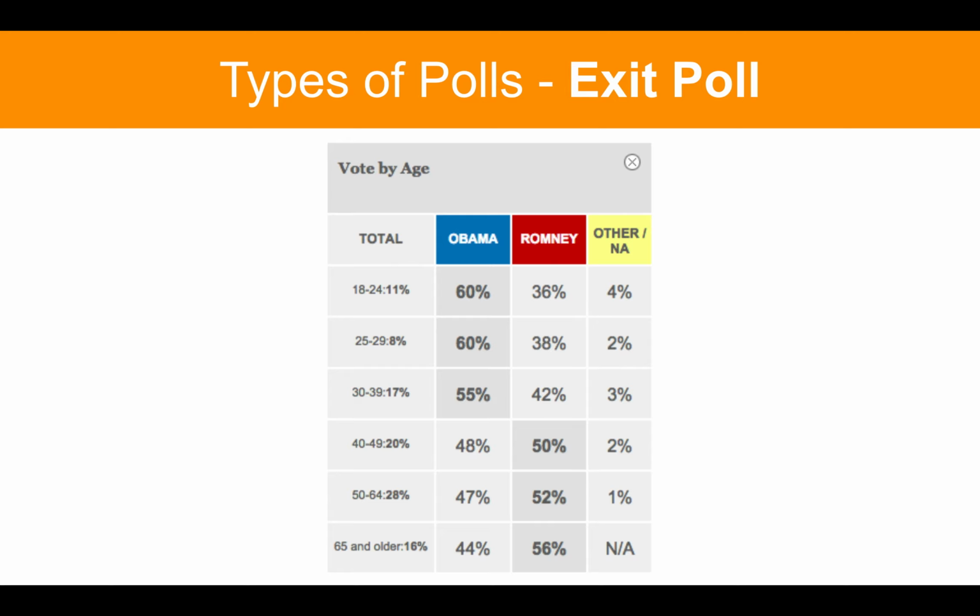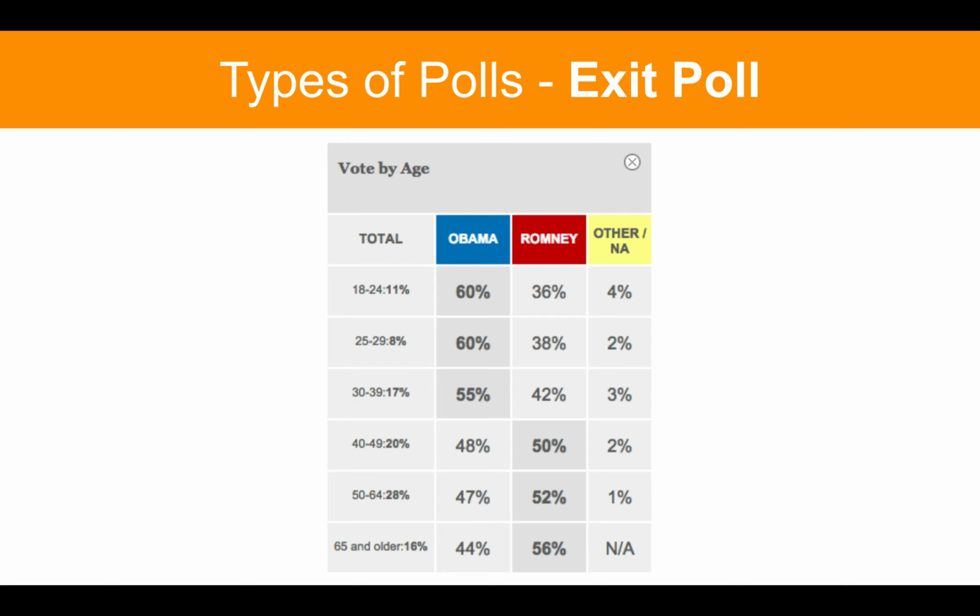So what pollsters do is on election day, they camp out outside polling sites, and they ask people demographic information, and then they ask them who they voted for. And this is so news organizations can say, oh, look, people between age 30 and 39 voted for Obama over Romney. This is where we get this data of who voted for whom.